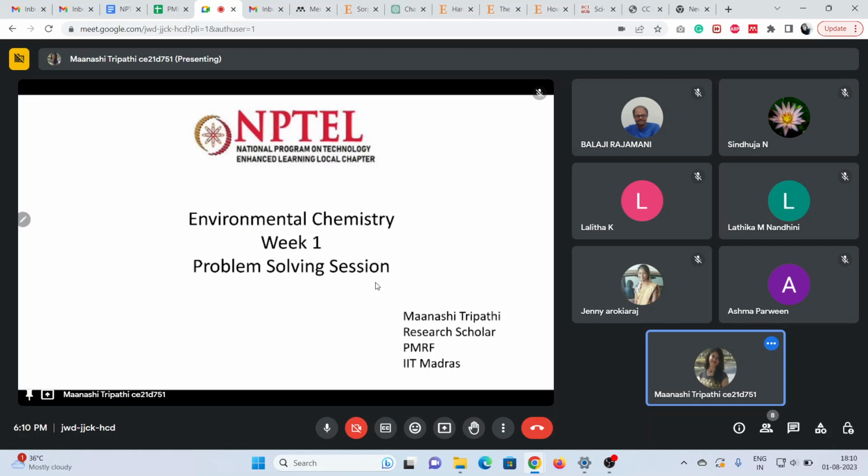Then we talked about Gibbs free energy. If Gibbs free energy is negative, the reaction is feasible, and if Gibbs free energy is positive, the reaction is not feasible. All these concepts were well discussed in class, but still in case of any doubt you can ask me in between.